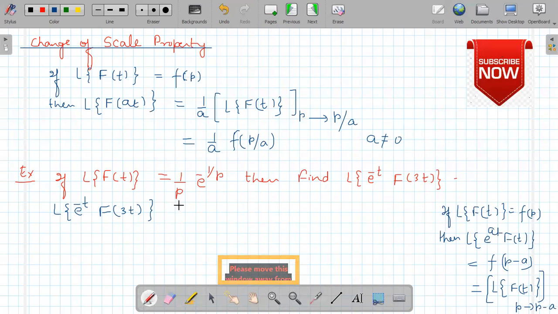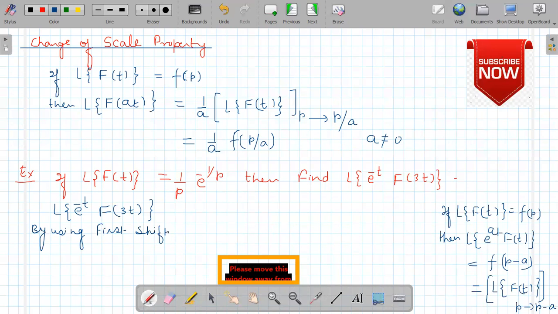So what we do is, first we apply first shifting property. You can also apply the change of scale property first. The answer will be same.